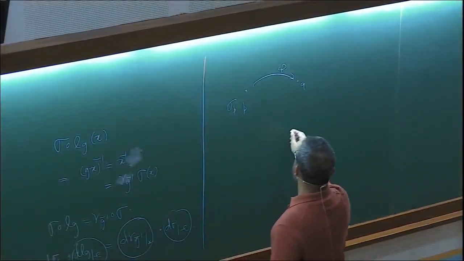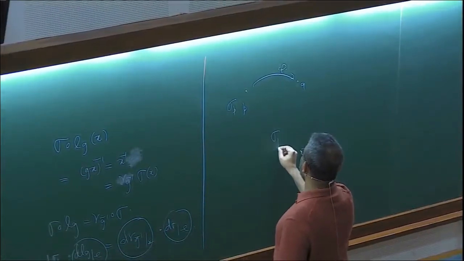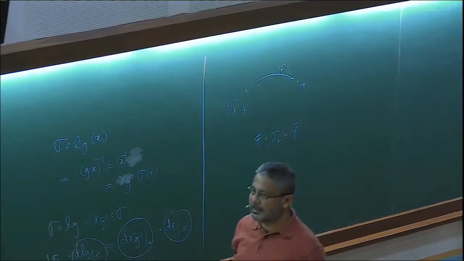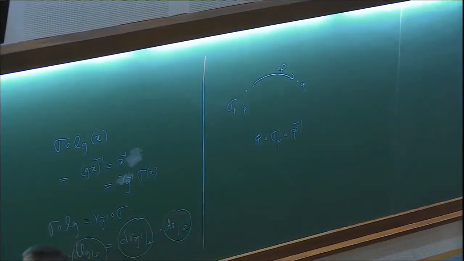So basically, sigma P conjugated by sigma gives you a symmetry. So if you want to produce symmetry for every point, you just need to produce symmetry for one point.